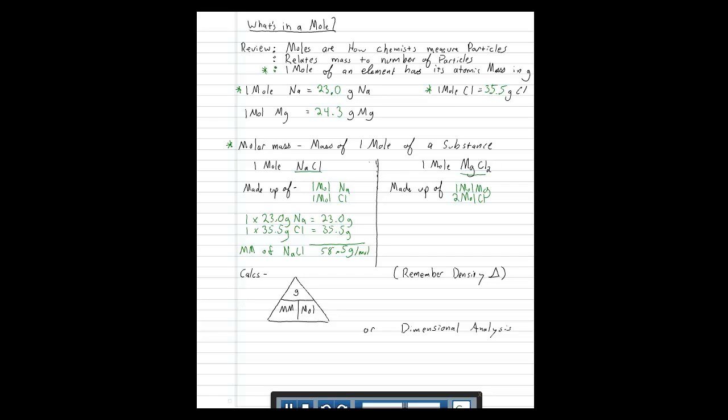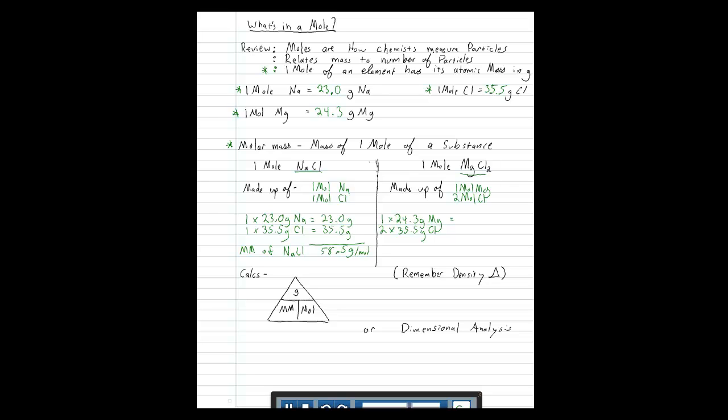So we calculate 1 mole of magnesium times 24.3 grams of magnesium, and we get that from up here. Remember that 1 mole of magnesium is 24.3 grams. You can look in the periodic table. And 2 moles of chlorine atoms, so that's 2 times 35.5 grams of Cl.